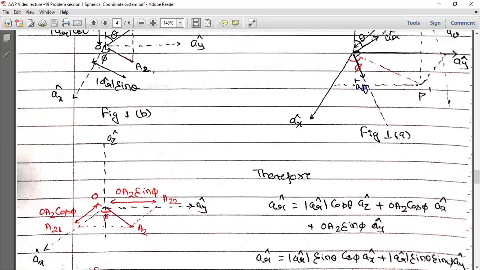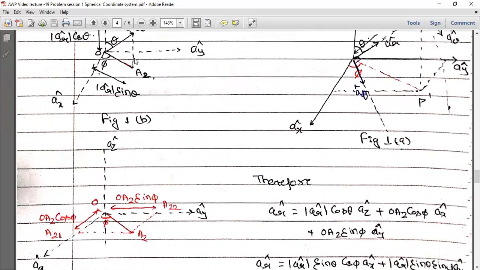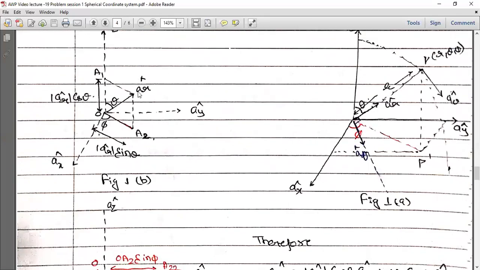So now here we have this component OA2. As you can see here, first of all, we have this unit vector AR cap. We find its component along the z-axis and its component in the xy plane, that is OA2. Now this OA2, as we know very well, makes an angle phi with the x-axis. What is this OA2?